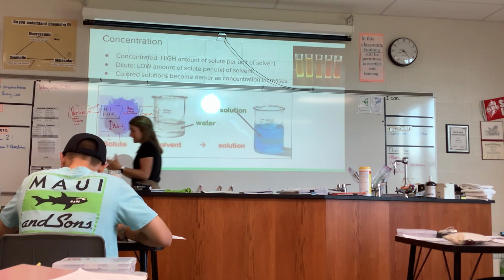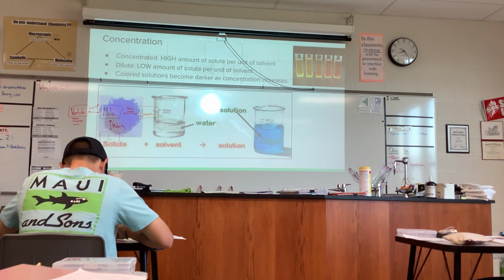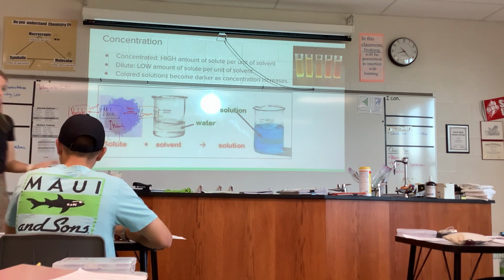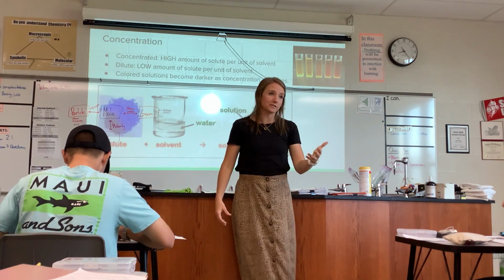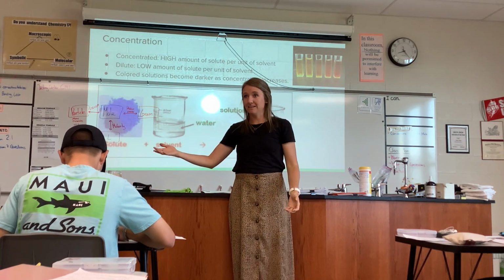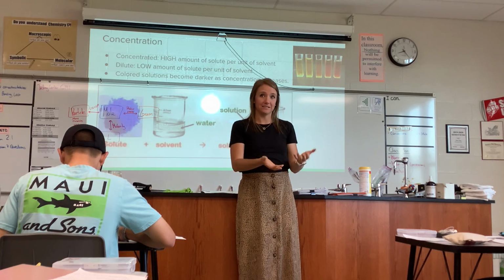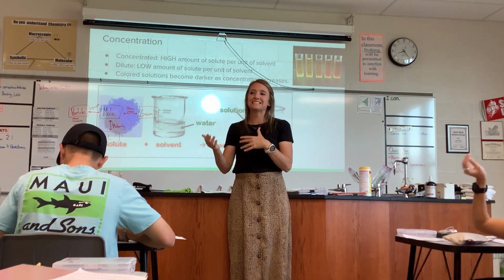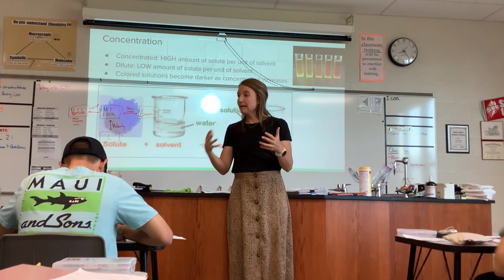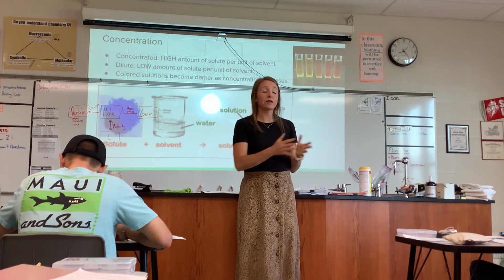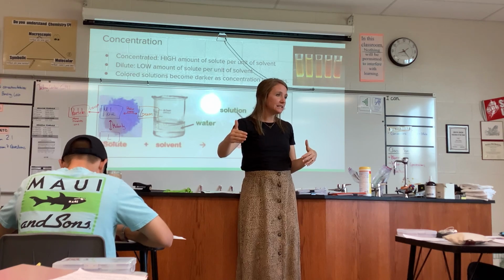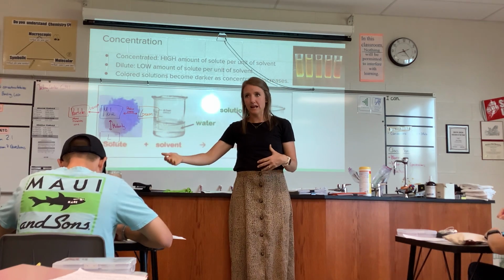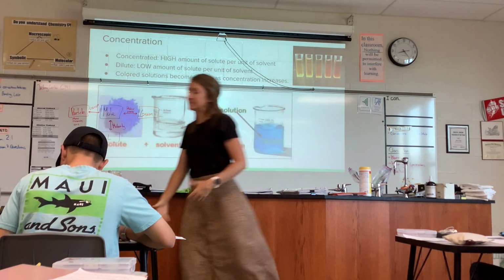For example, the Great Salt Lake is extremely concentrated with salts. There's more salt in the Great Salt Lake than there is in the ocean. It is very, very, very concentrated. The opposite word for concentrated is dilute. Molarity is a measure of concentration. So the higher the molarity of something, the higher its concentration, the more stuff there is in it.